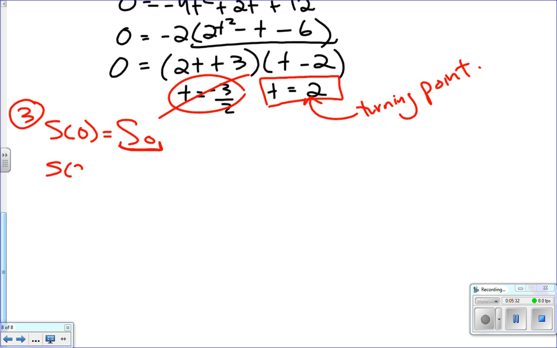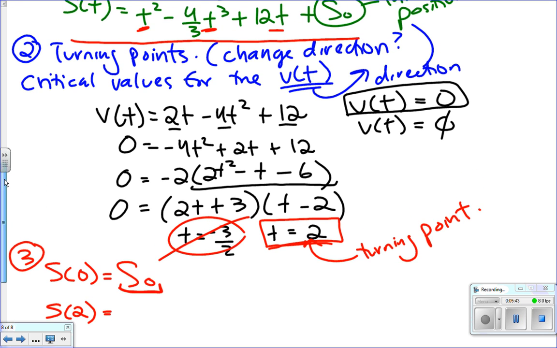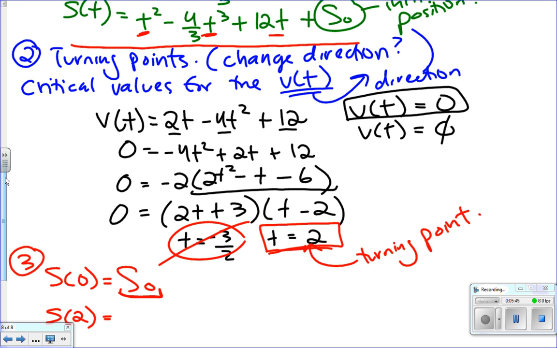Let's find the position with respect to the origin at 2 seconds, so when it turns, when it goes backwards. And to do that, we're going to sub it into the position time function. So let's go back to the position time function up here. We have t squared. So I'm going to put in 2 now, 2 squared minus 4/3 times 2 cubed, sorry, plus 12 times 2 plus s naught.